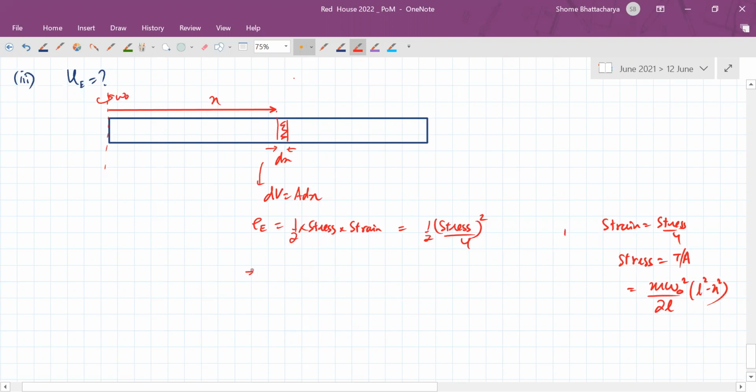So the energy density is this. Now the energy stored in that small section will be this energy density into its volume.